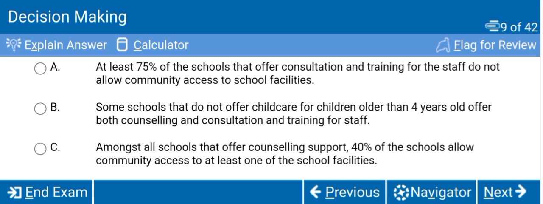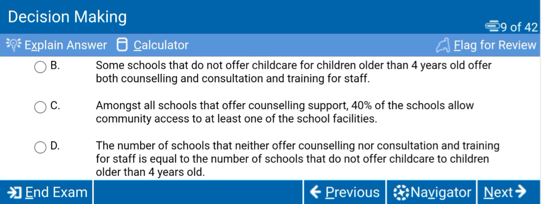Option C, amongst all schools that offer counseling support, 40% of the schools allow community access to at least one of the school facilities.